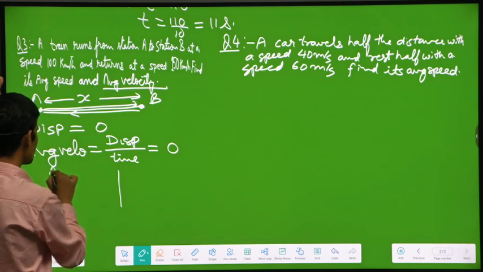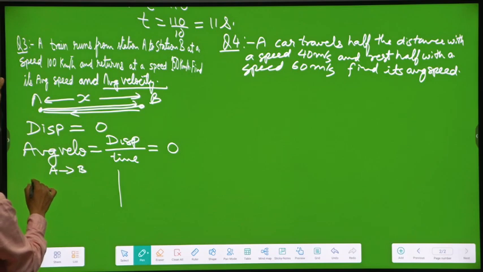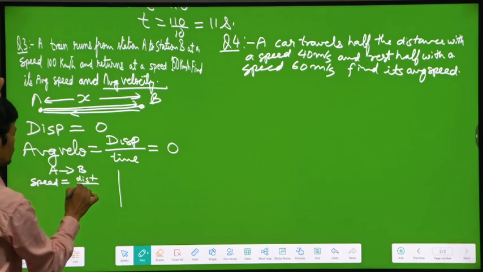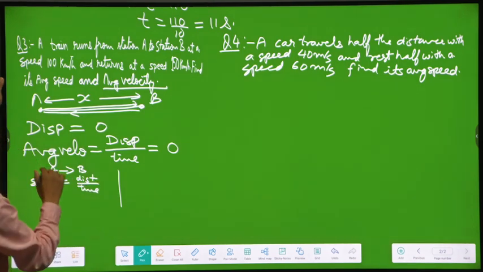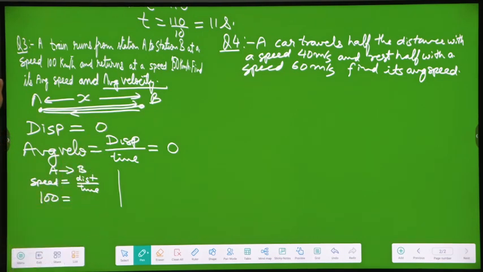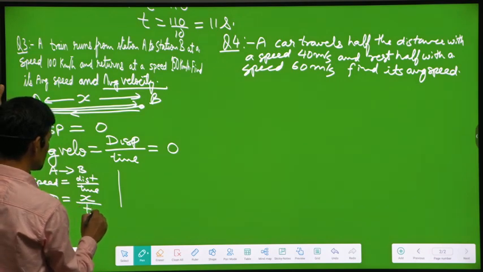Then for A to B, speed equals distance upon time. Speed is 100 kilometer per hour. No need to change because we are going to give the final answer in terms of kilometer per hour. So no need to change the units into meter per second unless it is asked. Distance is x and time, let us suppose t1.